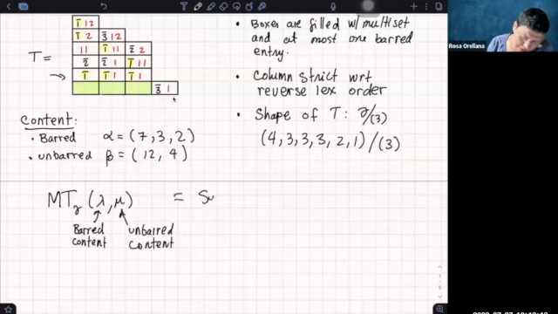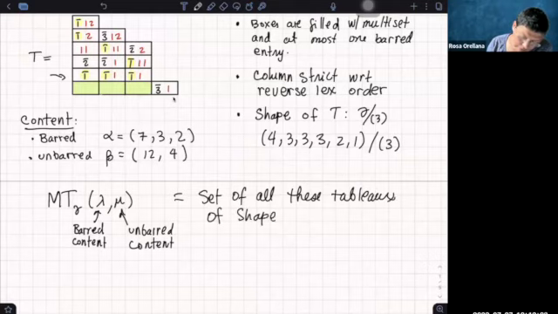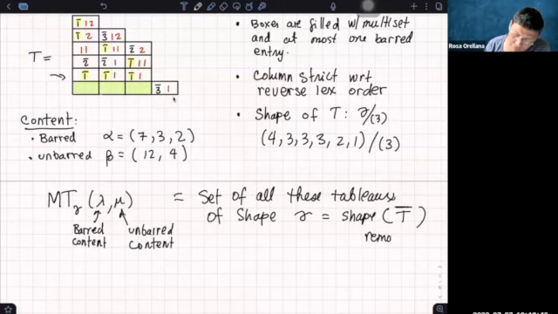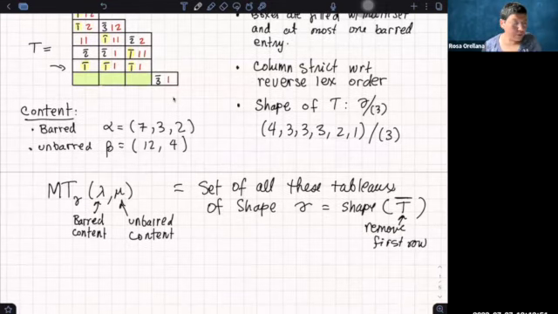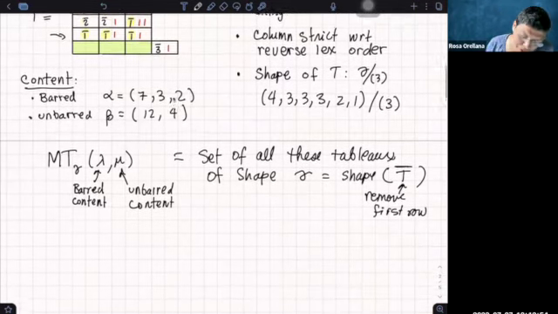And this is going to be the set of all these tableaux of shape gamma, where gamma is actually the shape of T with the first row removed.